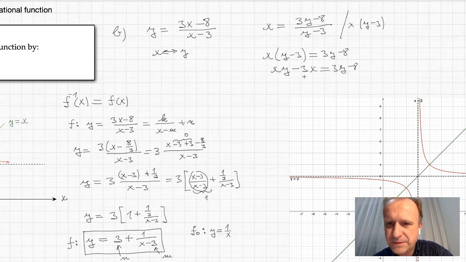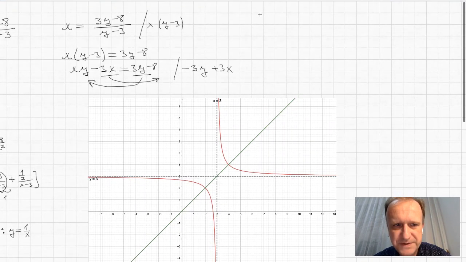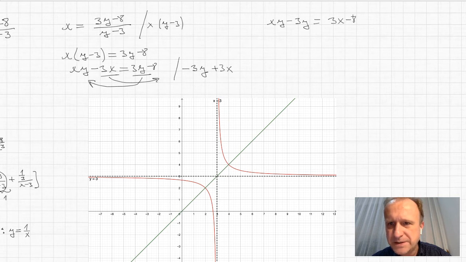Let me shift this to this side and this term to this one. This can be done by subtracting 3y from both sides and adding 3x. So I get xy minus 3y equals 3x minus 8.